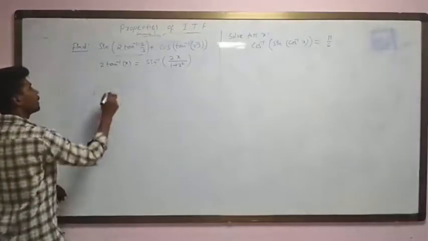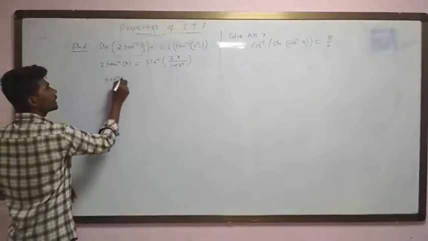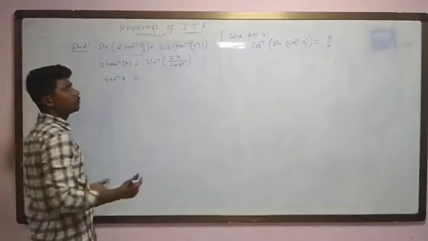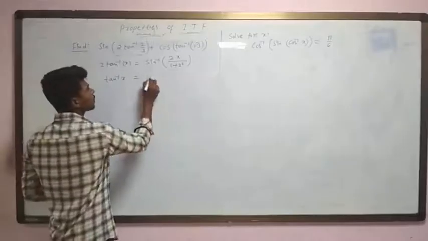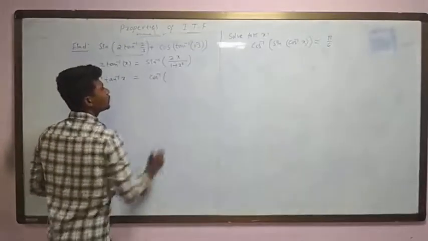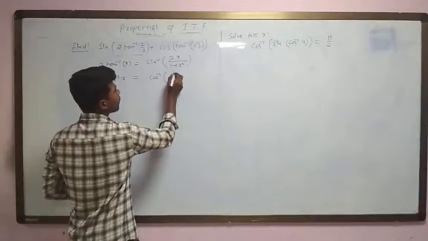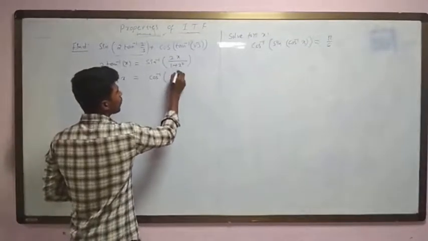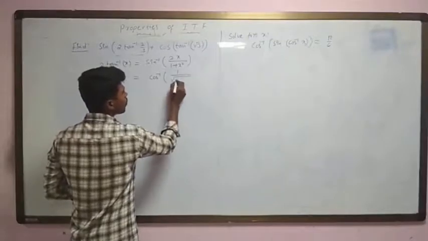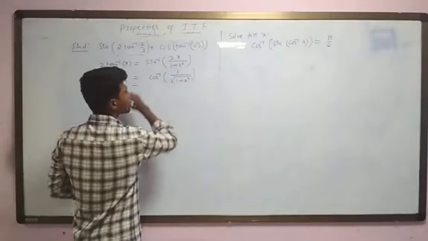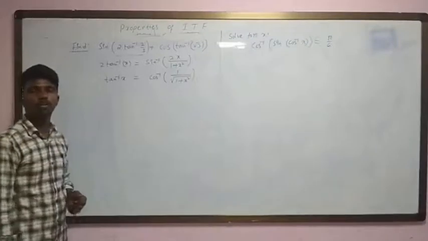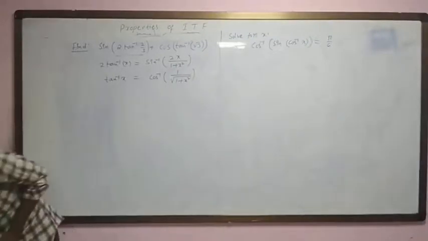In the same way, tan inverse x in terms of cos can be written as cos inverse of 1 by root 1 plus x square.